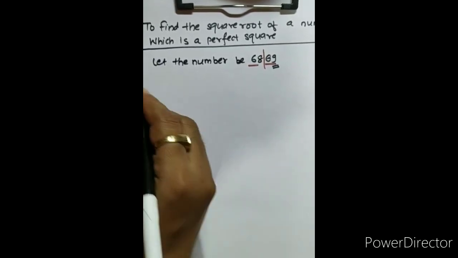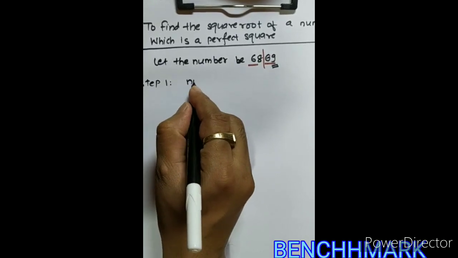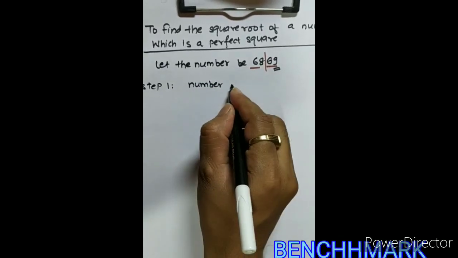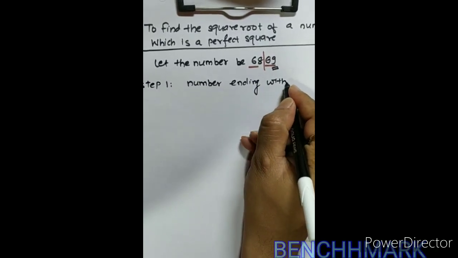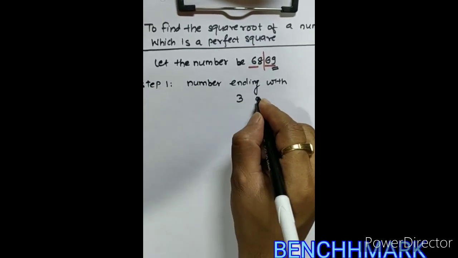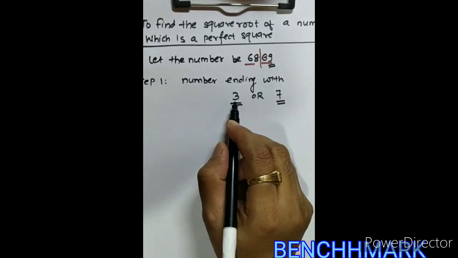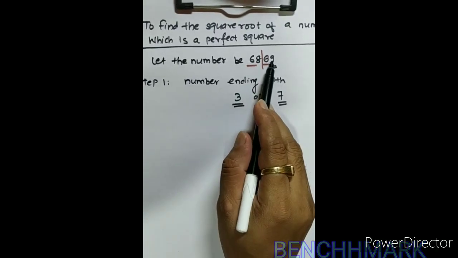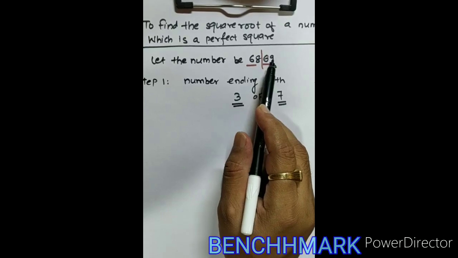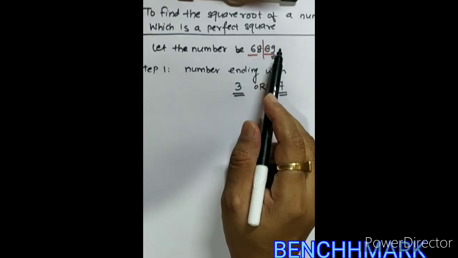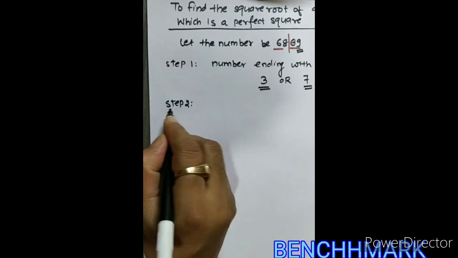Step 1: the numbers ending with 3 or 7 are the numbers whose square will end with 9. 3 square is 9, 7 square is 49. 49 means what is the unit digit? 9. Yes. Now moving on to step 2.